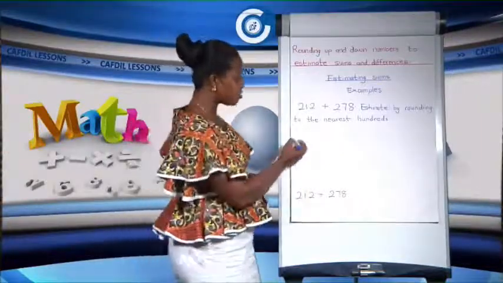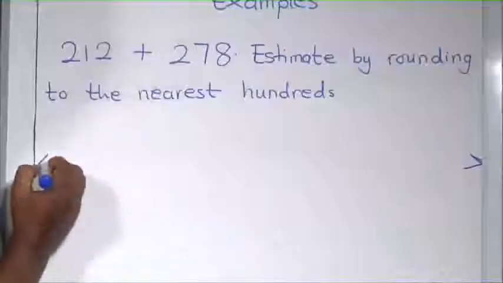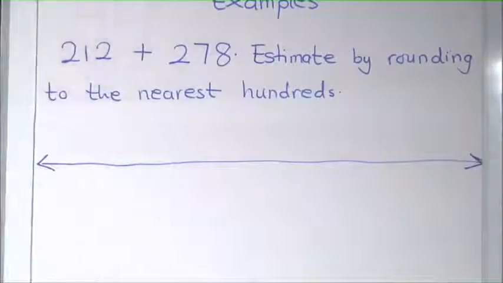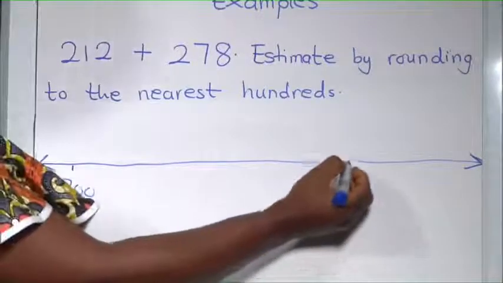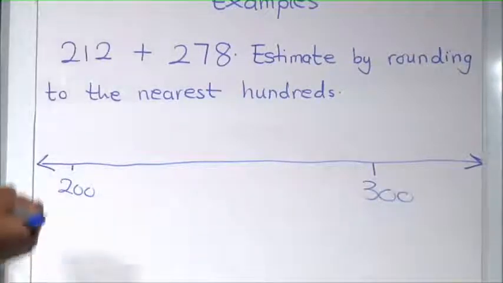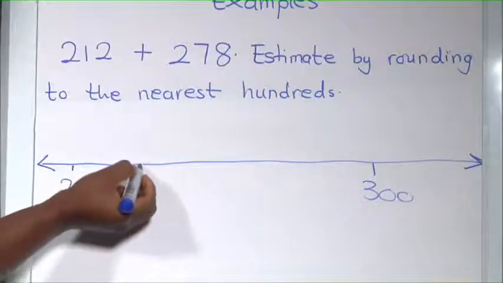Because when we use our number line, 212 will be between 200 and then 300. We are counting in hundreds.